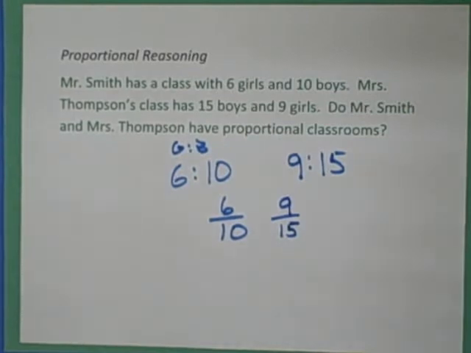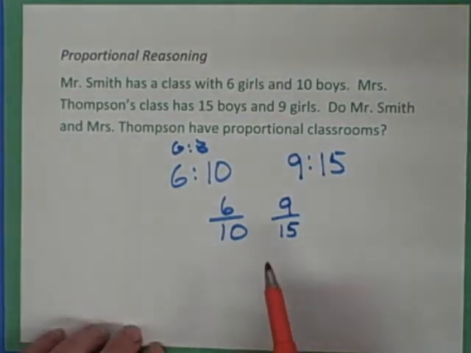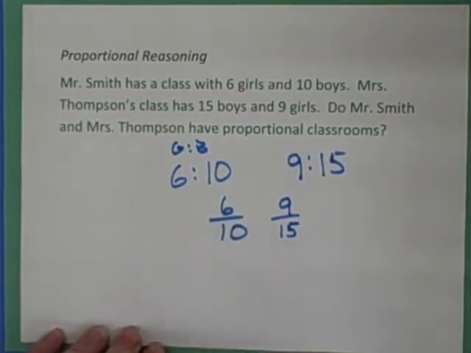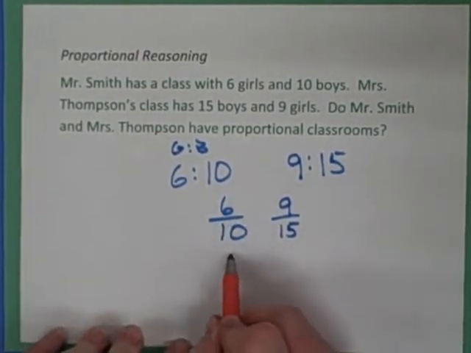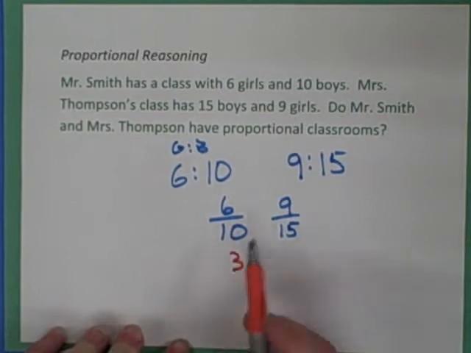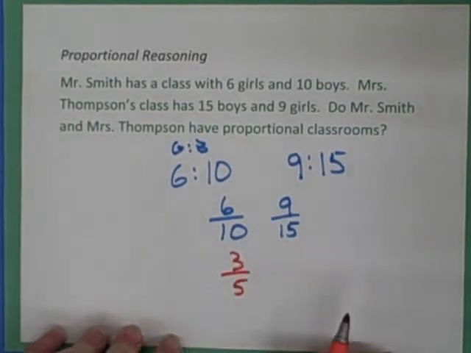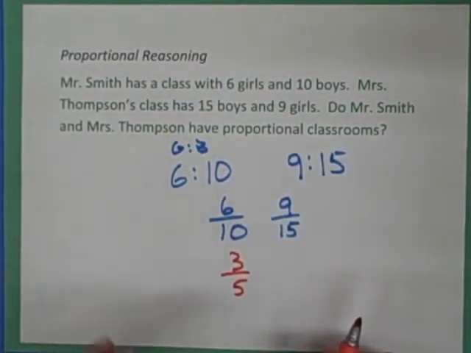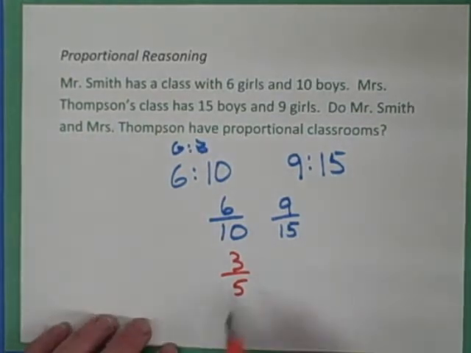Now, if we reduce these ratios to their simplified form, here's what we end up with. What's common between 6 and 10, the greatest common factor, would be a 2. 2 goes into 6 3 times. 2 goes into 10 5 times. So in Mr. Smith's class, the actual ratio of girls to boys is 3 to 5.